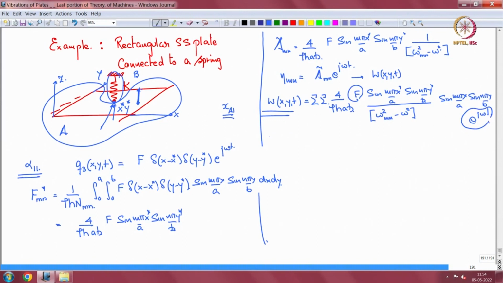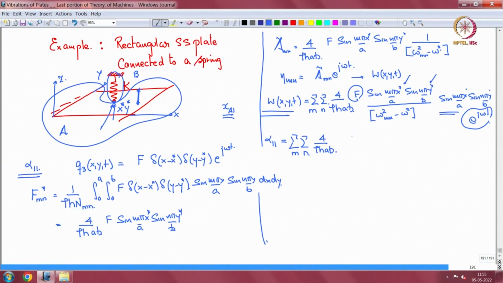So, what is alpha 11 now? Alpha 11 is summation over m, summation over n, 4 by rho h a b. Force is applied here. This is the general response. I want a response also where the force is applied, so this gets x star and y star as well.